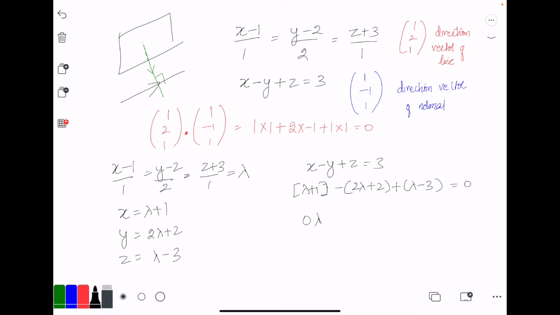So we get 0 lambda, 1 minus 2 minus 3, which is minus 4 equal to 0. So we get the equation minus 4 equal to 0.